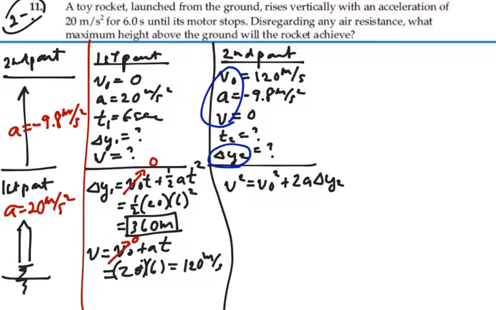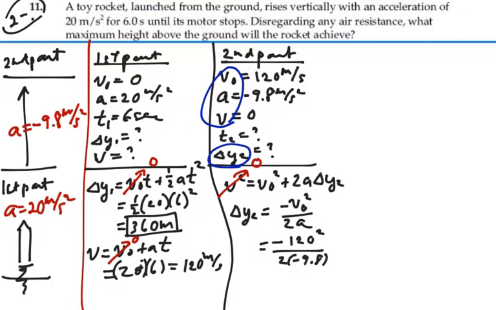Our final velocity for the second leg is 0 because we came to rest. So we'll solve this for delta y2. Delta y2 will equal a negative v naught squared over 2 times acceleration. This would be a negative 120 meters per second, squared, over 2 times a negative 9.8.